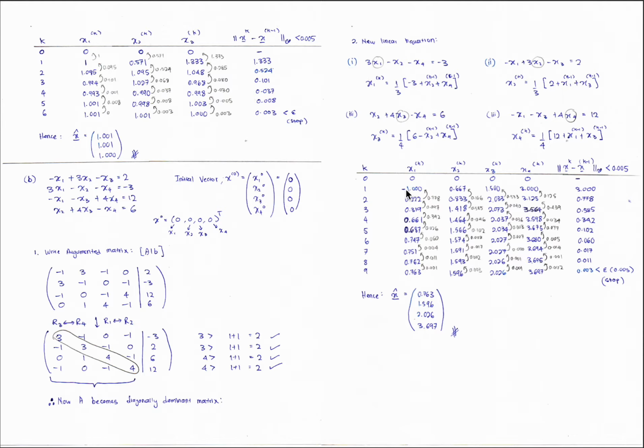Must be modulus. Maknanya kalau negatif pun kena modulus kan. 0.67 ni tolak dengan value ni. So dapat 0.67, 1.5, 3. So value apa kita letak sini, kita letak value perbezaan yang paling besar. So 1, 0.67, 1.5, 3 ni tolak dengan sebelumnya semua. Confirm yang besar adalah 3.